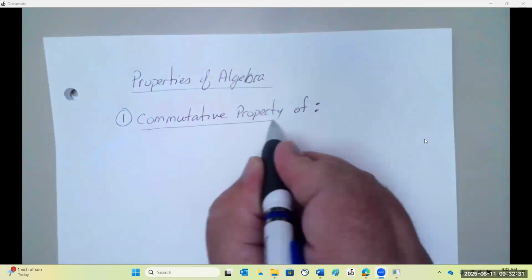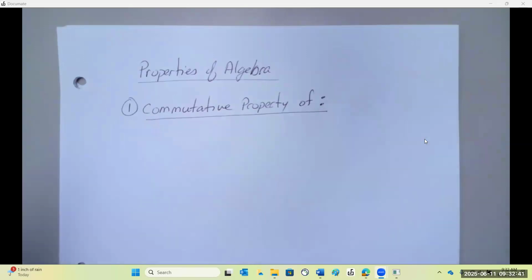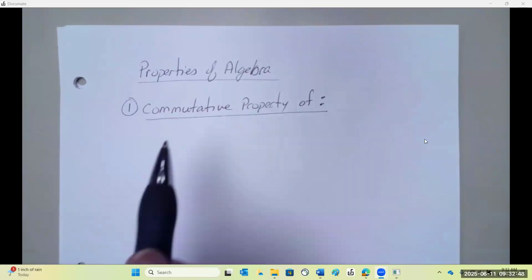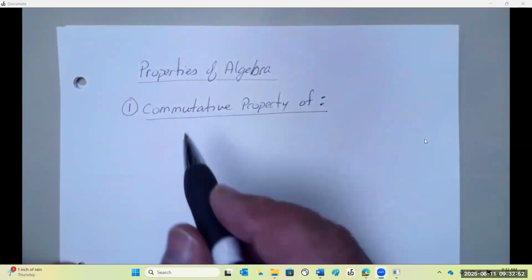The first property is the commutative property of: What does it mean when you have a colon at the end of a statement? There's a list. So we have two types of commutative property. What does commutative mean?